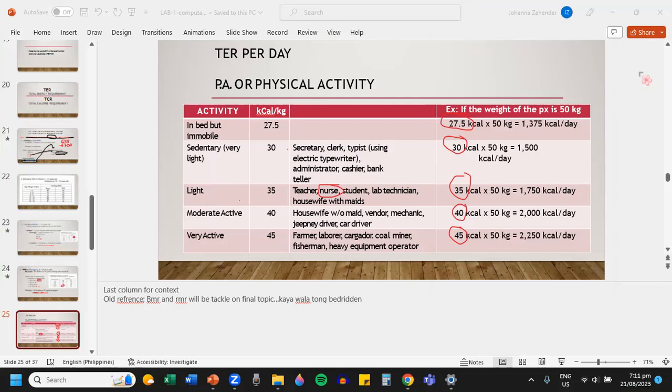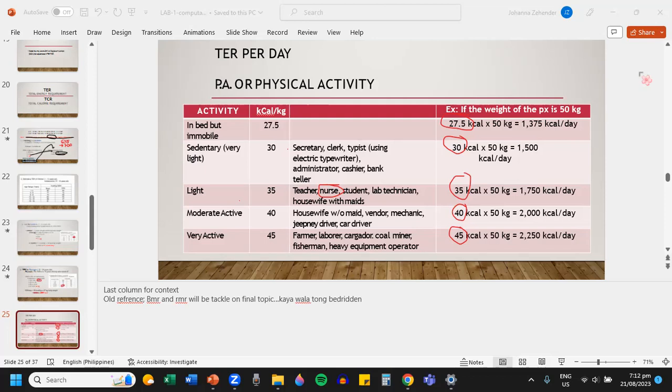We have different classifications of activities. Number one, in bed but immobile, which gives a kilocalorie per kilogram of 27.5. Next, we have sedentary or very light work, which is equal to 30.